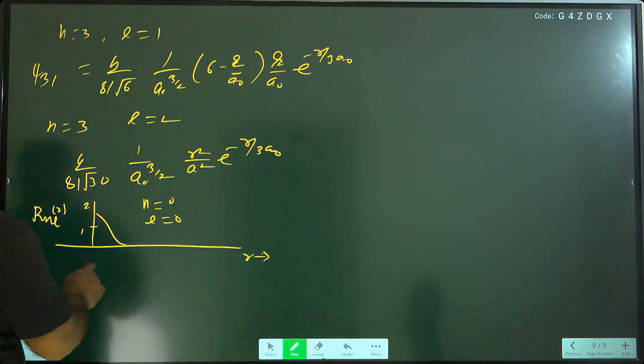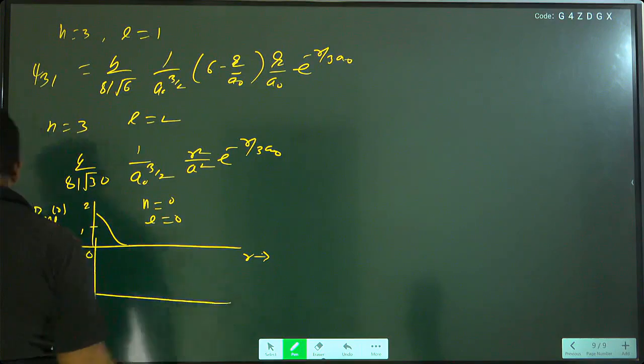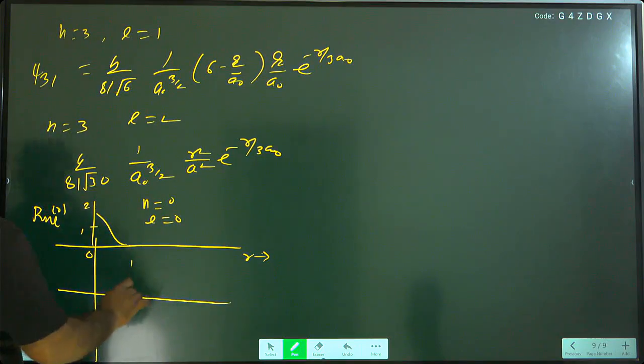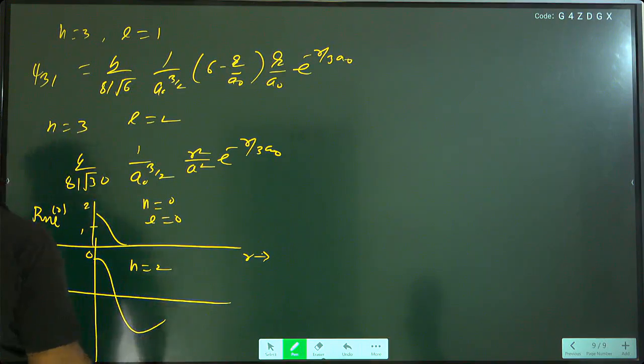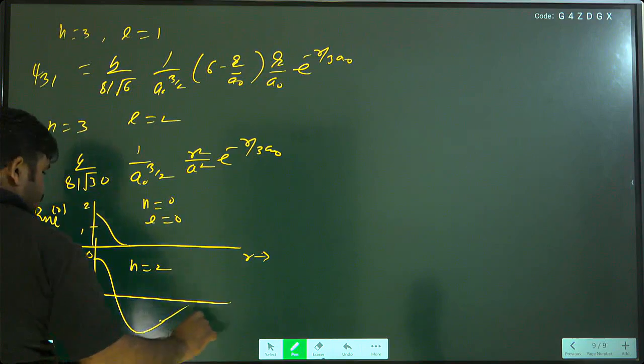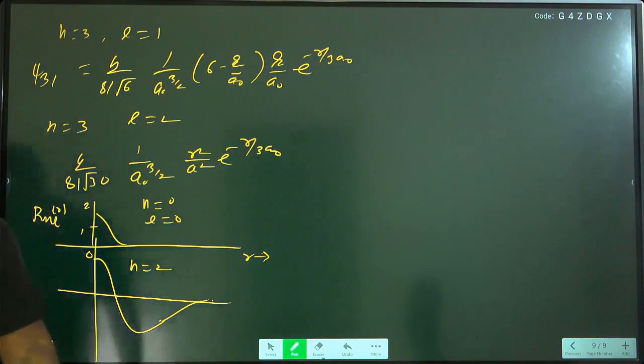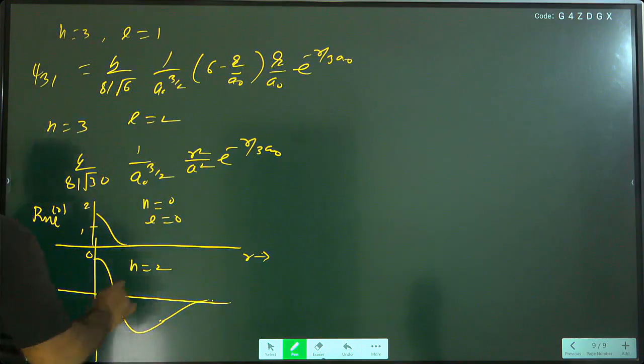Here is origin. Okay, next similarly, the nature is like that, and for n is equal to 1 we get two values, one 0 and one 1.